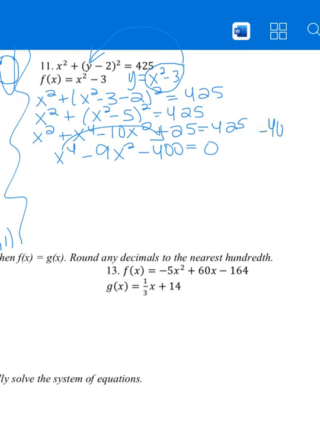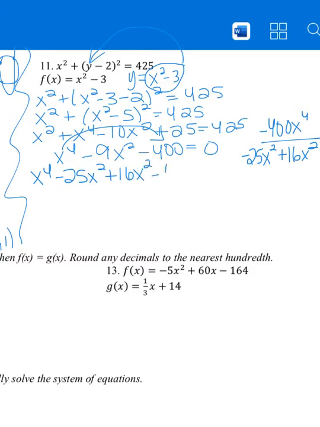Two numbers that multiply to be negative 400x to the 4th, but add to be a negative 9x squared are going to be negative 25x squared, because everything is doubled right now, and a positive 16x squared. So this is x to the 4th minus 25x squared plus 16x squared minus 400 equals 0.